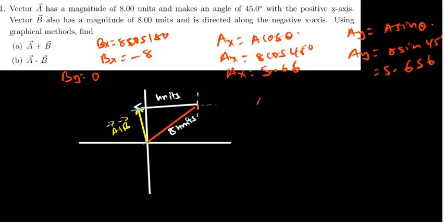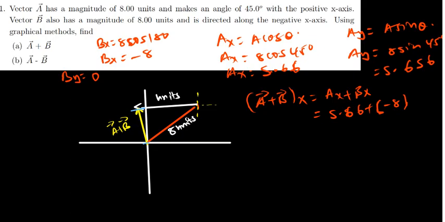So now we want to find A plus B, that is numerical. The x component has to be equal to Ax plus Bx. So our Ax is 5.6, let's just put 6, and then plus our Bx, which is negative 8. What answer are we getting?